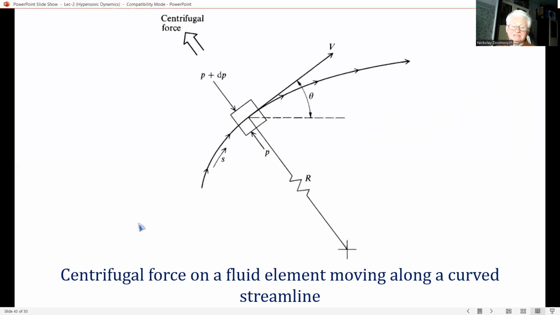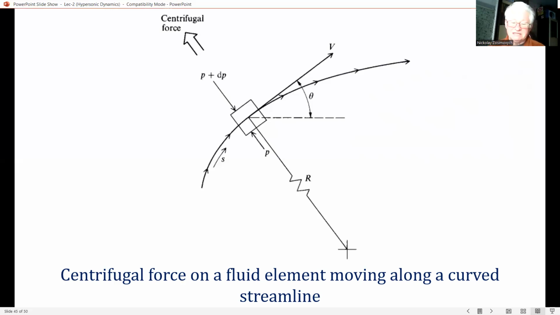The fluid element is experiencing a radial acceleration. Radial acceleration will be v squared over r, right? With an attendant centrifugal force in the radial direction.